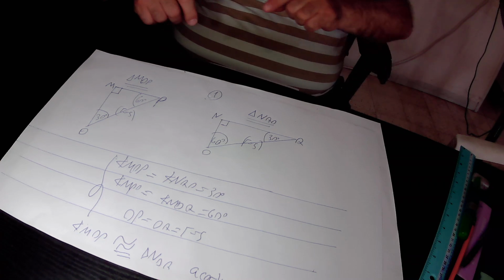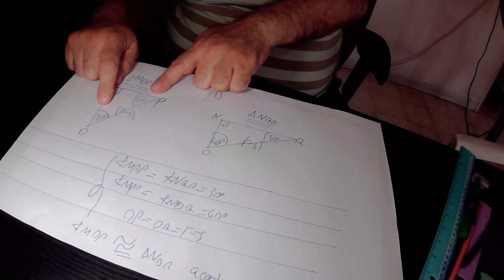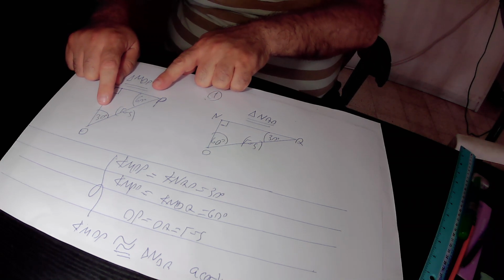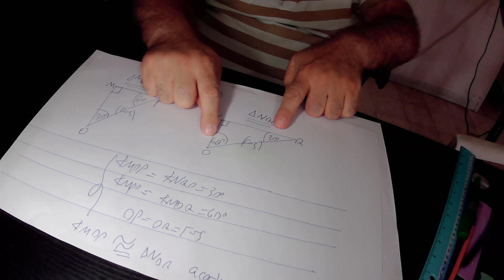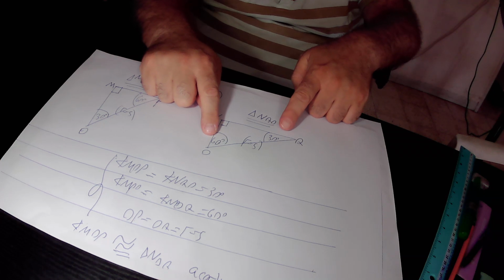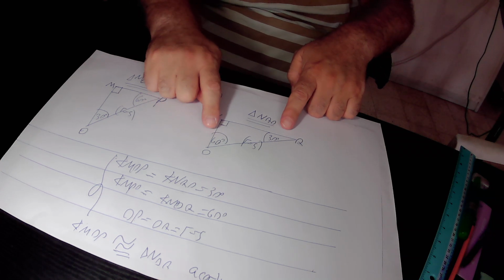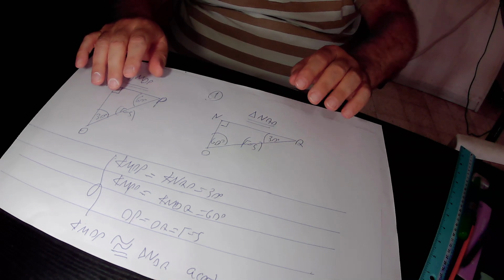So we prove that those two angles and the side included between them, that is side PO in the right triangle MOP, are correspondingly equal to those two angles and the side included between them, that is side OQ in the right triangle NQO. Therefore, we can prove that those two right triangles coincide according to the angle-side-angle rule.